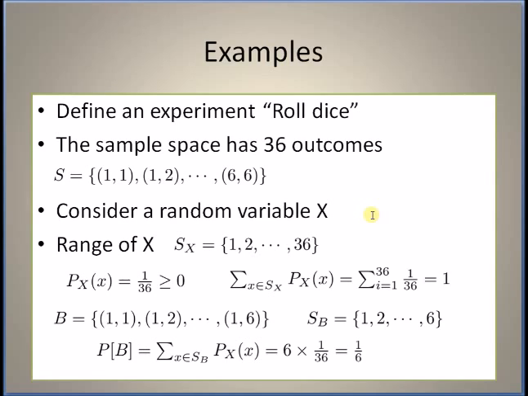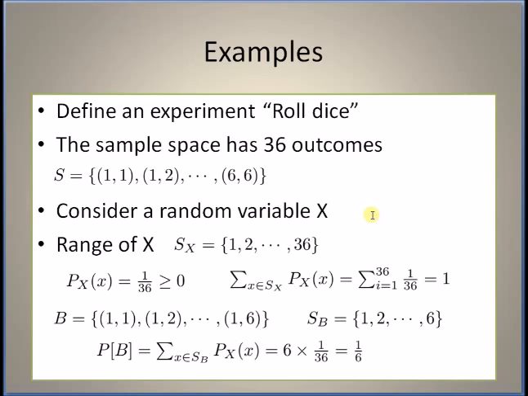And now let us define an event B that has 1 in its first value. That is, the first of the 2 dice always has a value 1. So in this event, there are 6 possible outcomes. Now let us define the range corresponding to this event. It has the values 1 to 6.